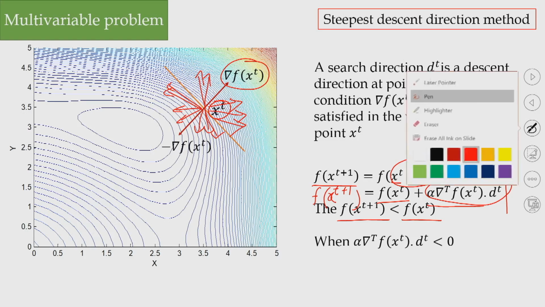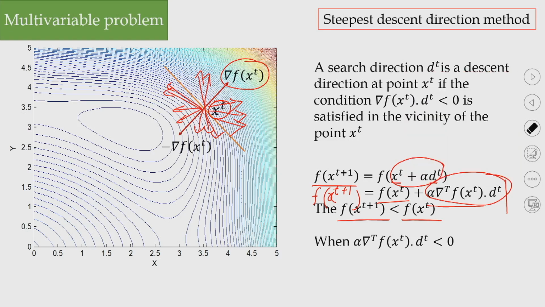Let me explain it again. If the direction dt is a descent direction, in that case what will happen? f of x t plus 1 will be less than f of x t. Now, when will it be?